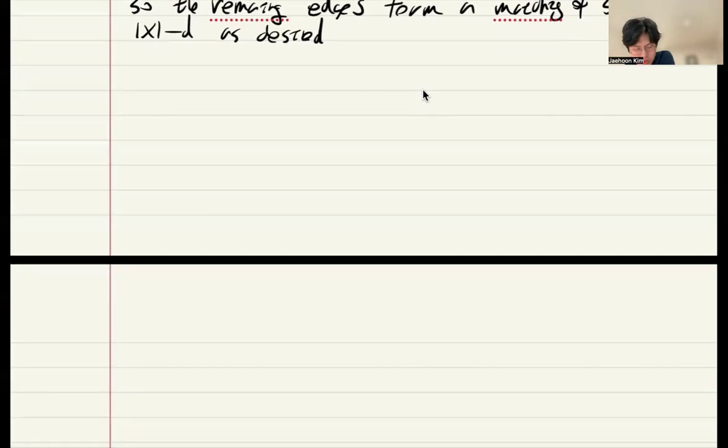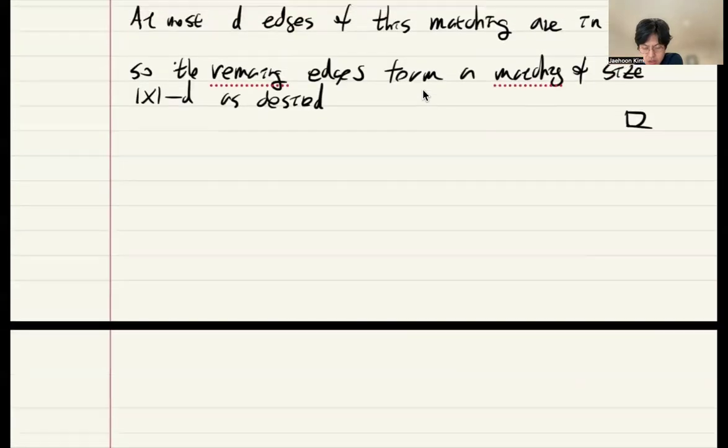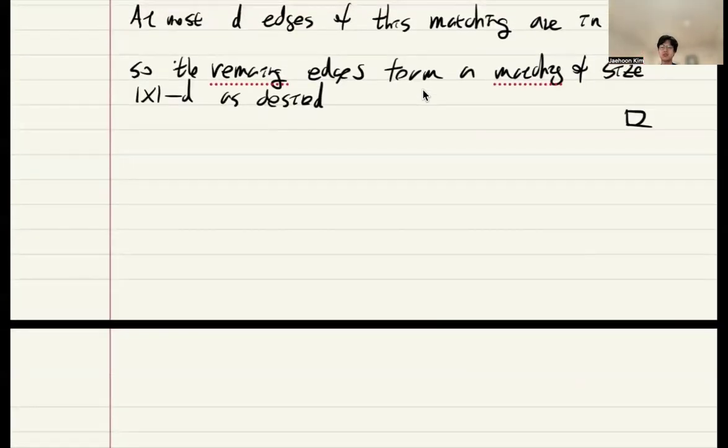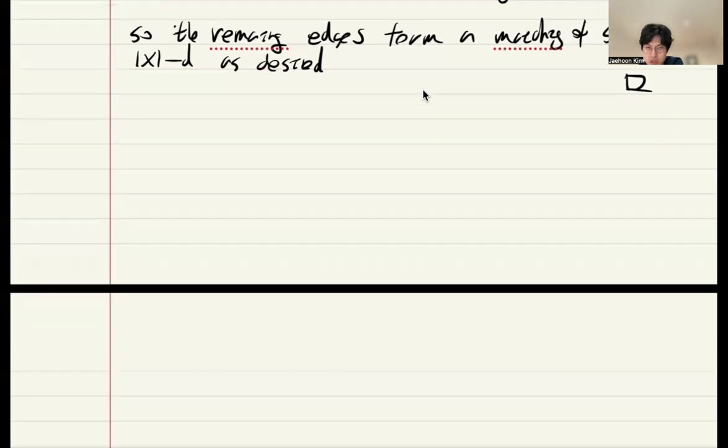We are now considering matchings in bipartite graphs. And there is another natural parameter which is closely related to the matching number.